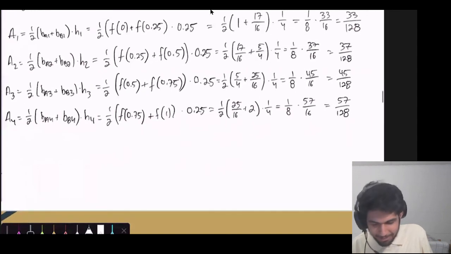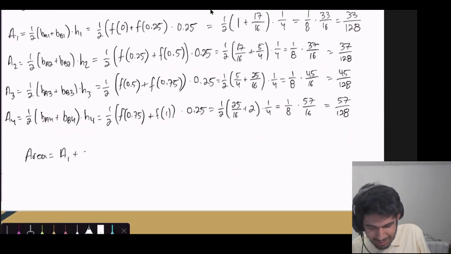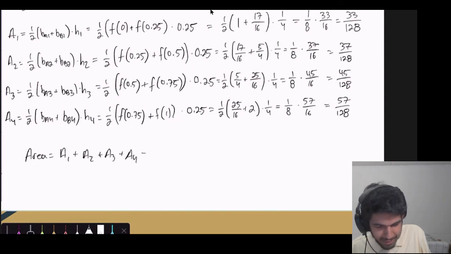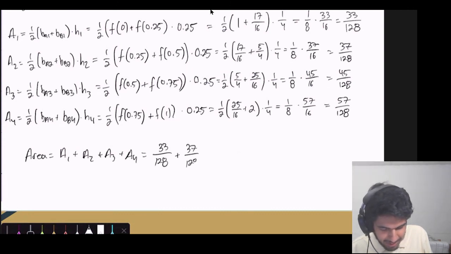So now we can find the total area. Total area equals A1 plus A2 plus A3 plus A4. This is equal to 33 over 128 plus 37 over 128 plus 45 over 128 plus 57 over 128.